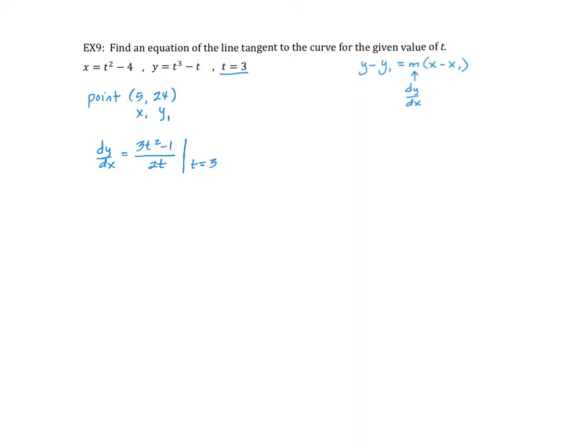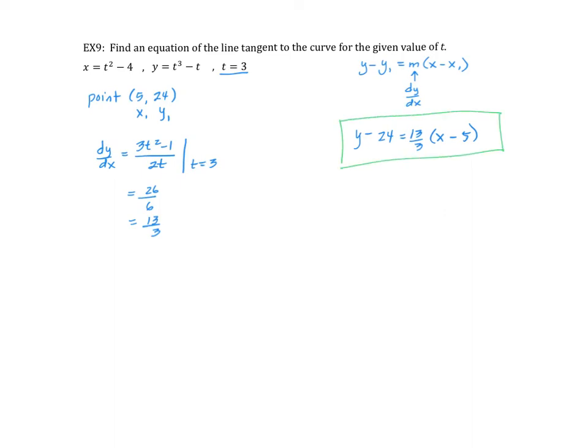Okay, so when t is equal to 3, this should be 26 over 6, and that reduces to 13 over 3. And here it is appropriate for us to reduce because our equation does not have the parameter t in it. This would be y minus 24 is equal to 13 over 3 times x minus 5. And in my opinion, that is fine.